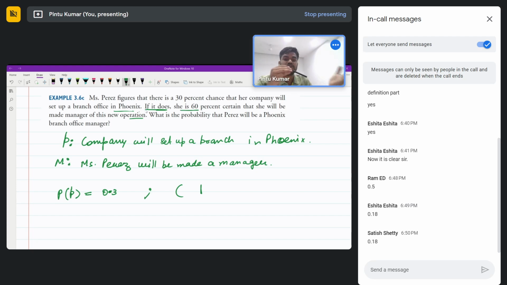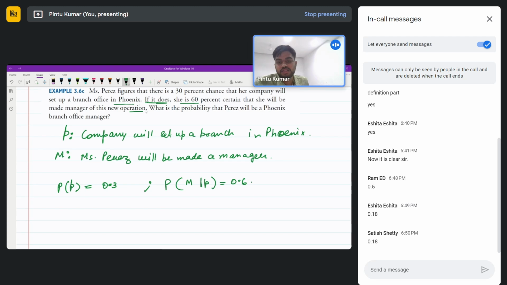So the given condition here is that the branch is opened, so the event that has already occurred is P, then there is a 60% chance that she will be made the manager of the new operation. So this is the probability of M given that the branch is opened in Phoenix. So this is 0.6.